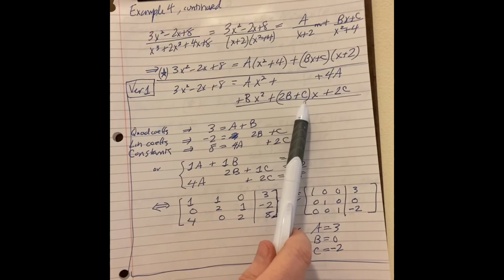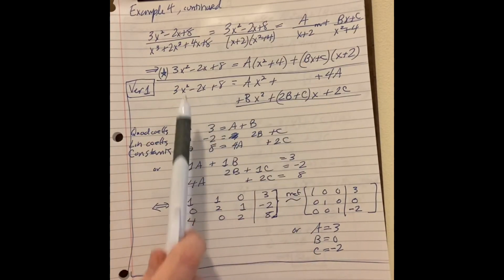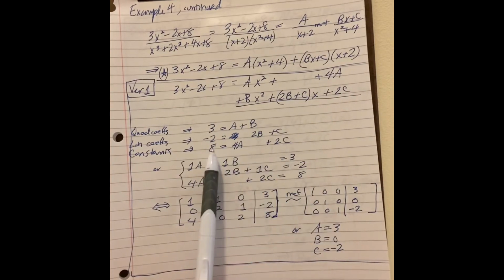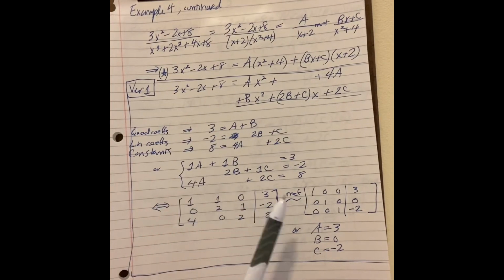Just 2b plus c on the right-hand side, which has to be equal to minus 2 on the left, and 4a plus 2c has to be equal to the constant term, 8. Well, if we clean that up so it looks like 3 equations and 3 unknowns in the most general form, that takes a little bit of work.